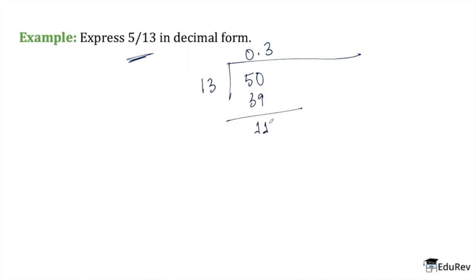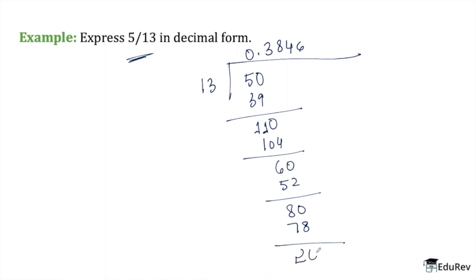So because there is a 0, I can put a 0, then there is going to be this 8. So it's going to be 104, then it's going to be 6 and there is a point, so I can put a 0 and then 4 times 13, 52, it's going to be 8. I can again put a 0 and it's going to be 6 times 13, 78 and it's going to be 2.